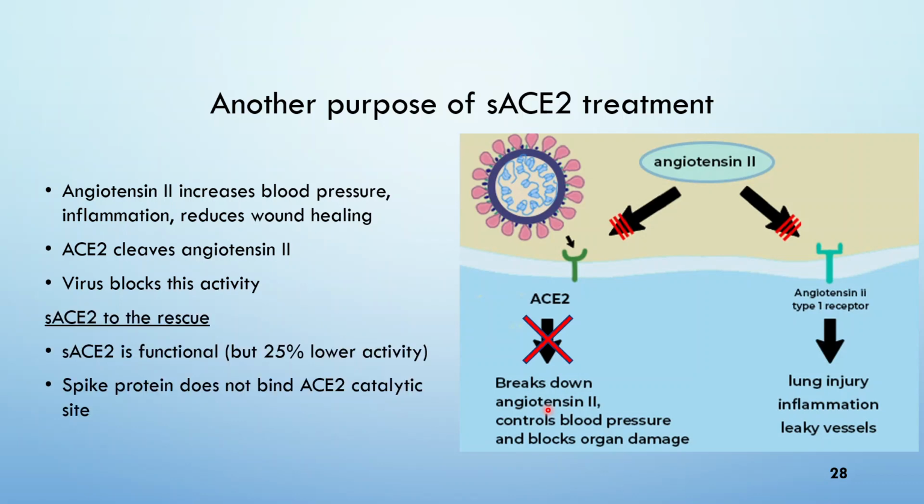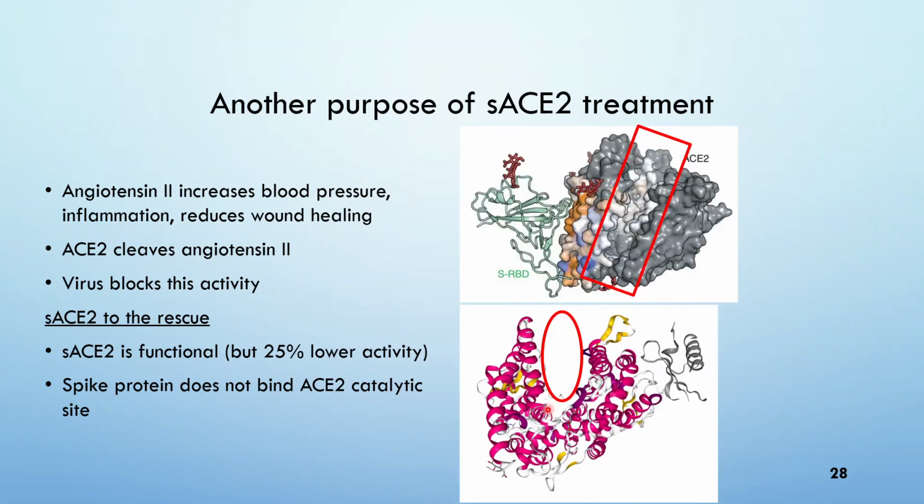So by applying soluble ACE2, it can help to rescue by cleaving angiotensin II. The researchers showed that the soluble ACE2 is functional, although at 25% lower activity, and it's not hindered by the virus since it binds to a separate site than the catalytic site as mentioned previously. And there's also no cell membrane now blocking the soluble ACE2.